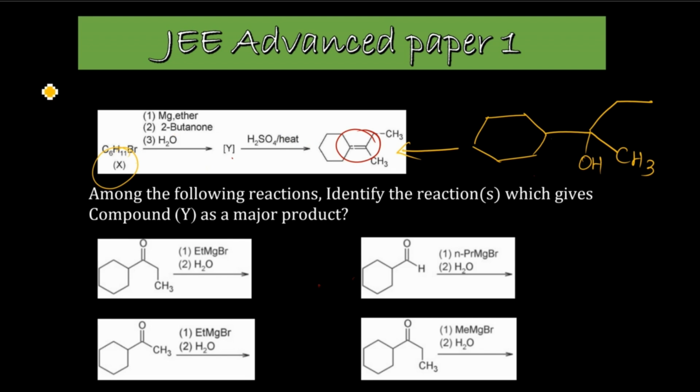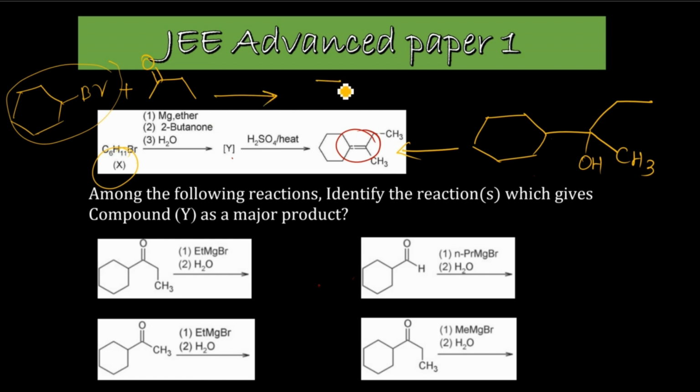So X, let's say I'm having C6H11Br with 2-butanone. So 2-butanone I'm taking, 1, 2, 3, 4. That is reacting with magnesium in ether to form a product. Right. So magnesium in ether will form a Grignard reagent. I'm having one side ethyl, another side methyl.